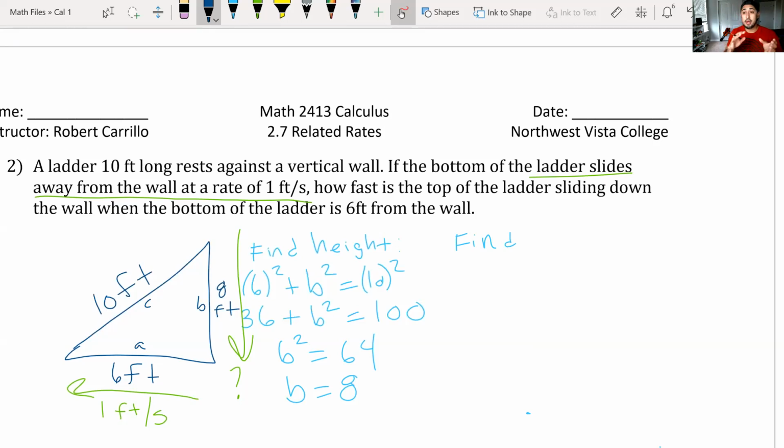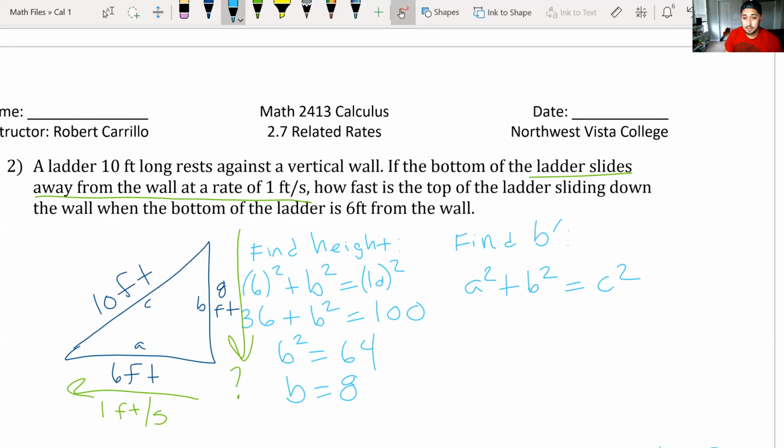So we know that b is 8, and if the top of the ladder is falling, then we're not looking for b, we're looking for b prime. b prime will represent the top of the ladder. Okay, so the formula we use is going to be a squared plus b squared equal to c squared. We're going to use the Pythagorean theorem to solve this.